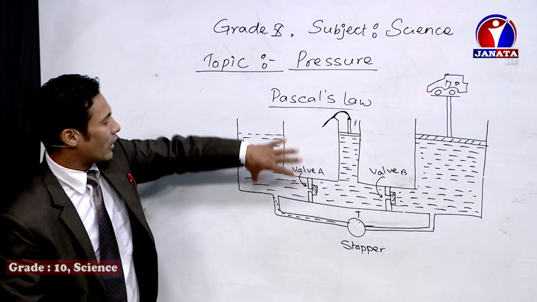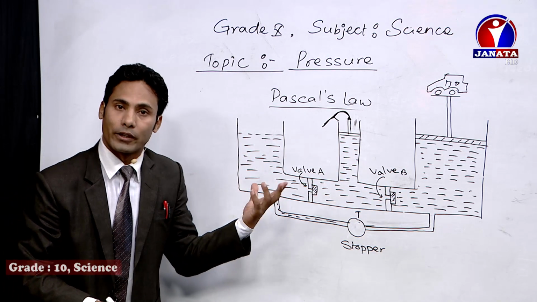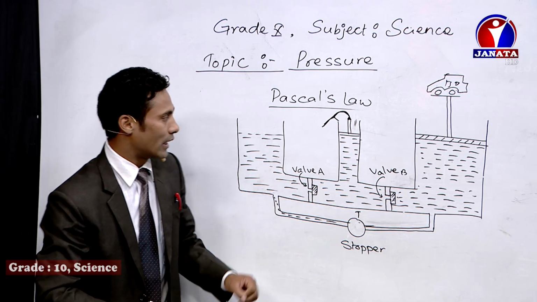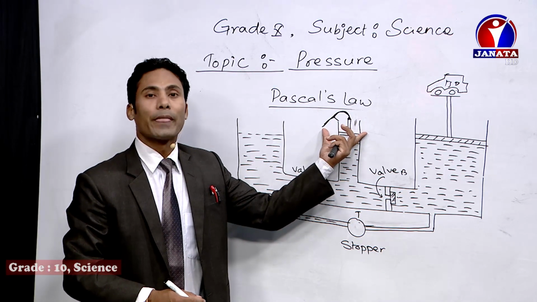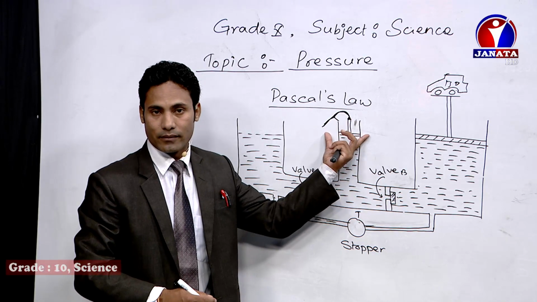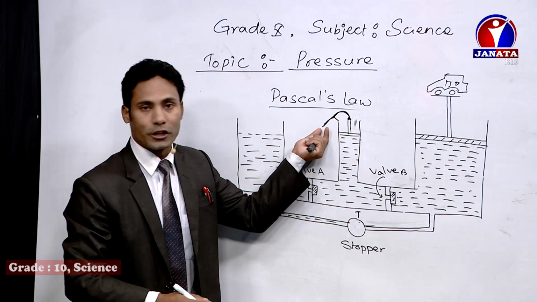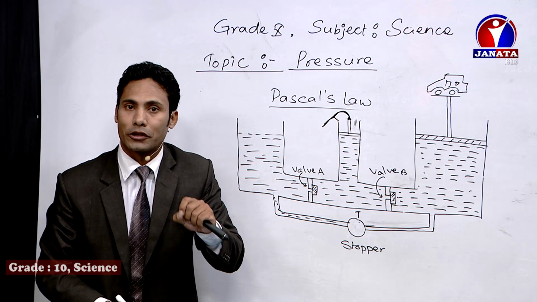Similarly, this one is the reservoir, the collection for the liquid. So how it works, let's see. When we apply the force on this piston, especially with the lever, a certain amount of force is exerted on it.